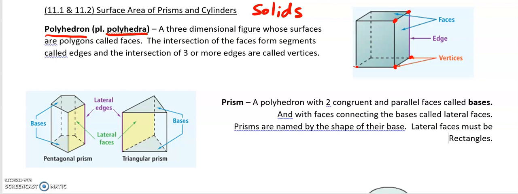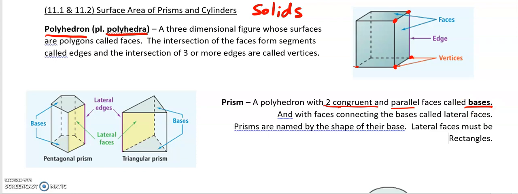All right? Now, the first type of polyhedron that we want to focus on in this class is something called prisms. A prism, ladies and gentlemen, is a polyhedron where two of your faces are going to be parallel and congruent, and we're going to call them bases. All right?